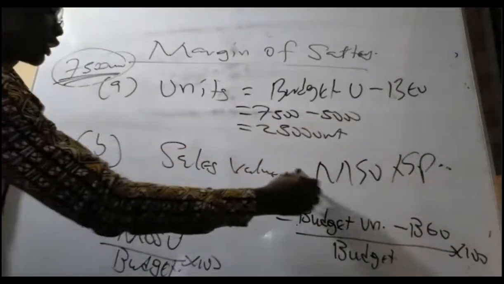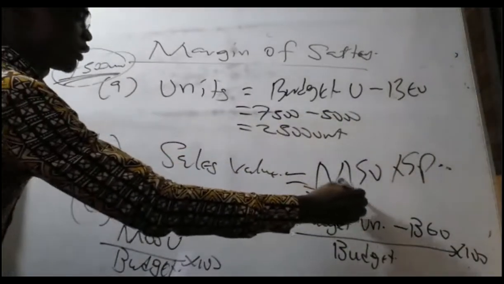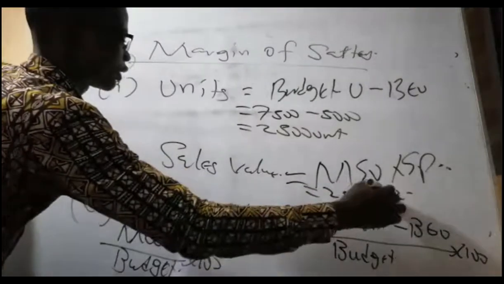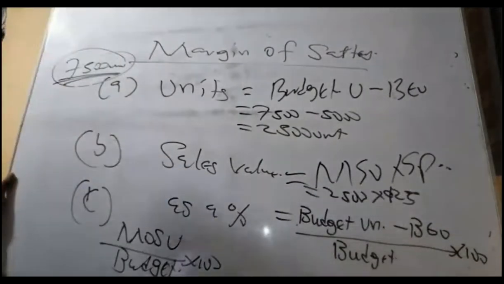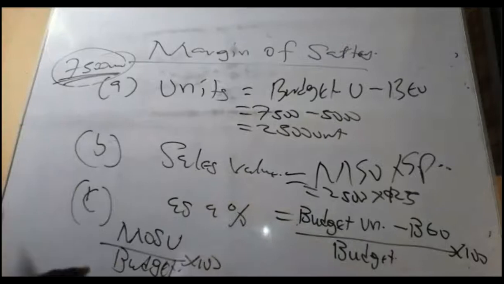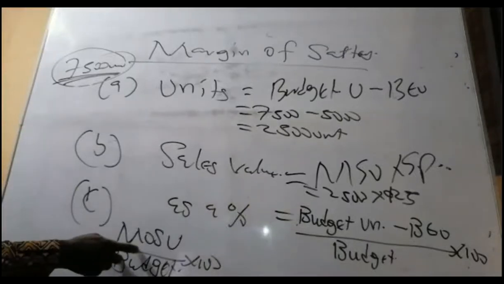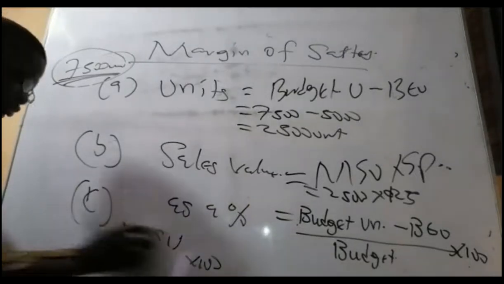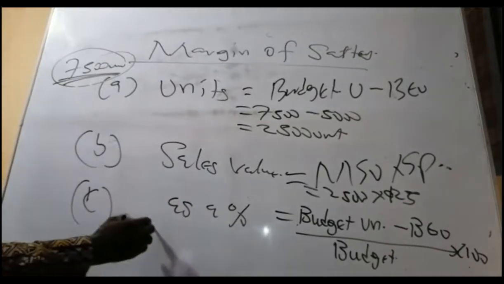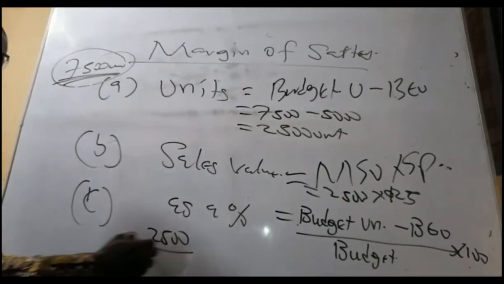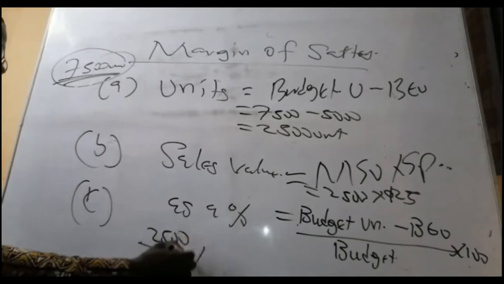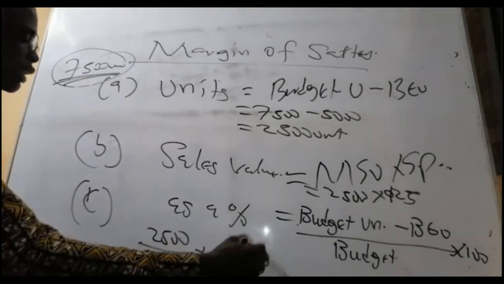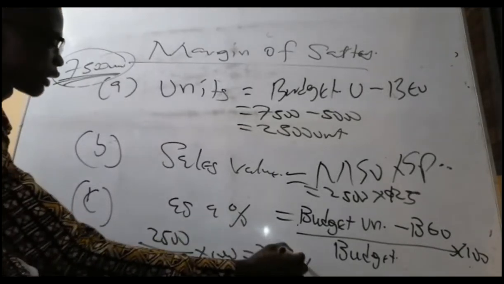Then this 2,500 units times 25, that's the selling price. Then I'll go by this approach, which is 2,500 divided by 7,500 times 100, 33 1/3%.